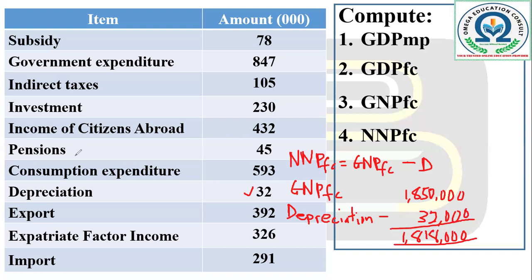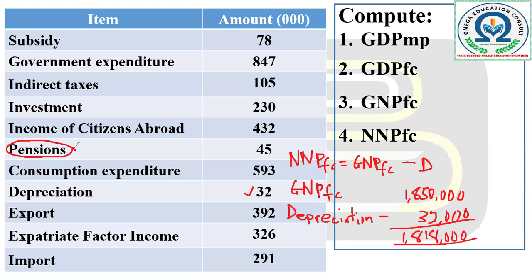Now, please take note that there is an item here that we did not include, pensions, right? Now, pension is the amount of money that people receive when they are on retirement. Please take note, pension is the amount of money that workers who have worked previously currently receive on retirement.